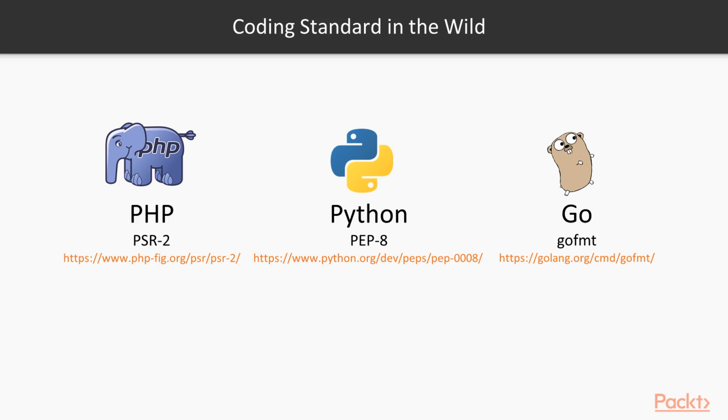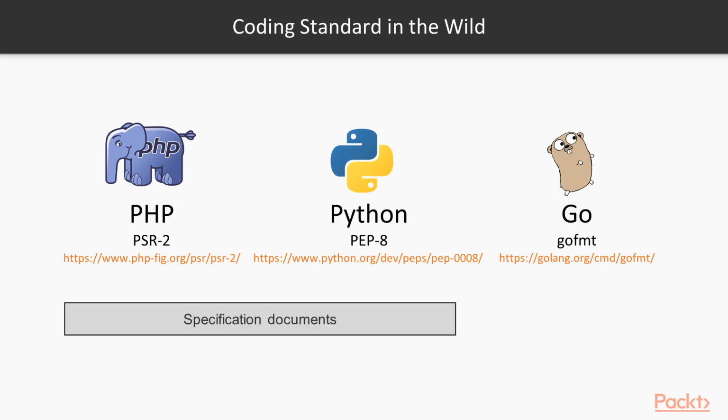The difference between Go and all these other languages is that gofmt is not a complete specification document that you as a developer have to read and understand, but instead it's an executable program that automatically formats your source code according to its own standards. And this is actually a nice thing, because instead of arguing over which coding standards to follow, you as a developer can simply rely on gofmt automatically reformatting your code to a consistent standard.